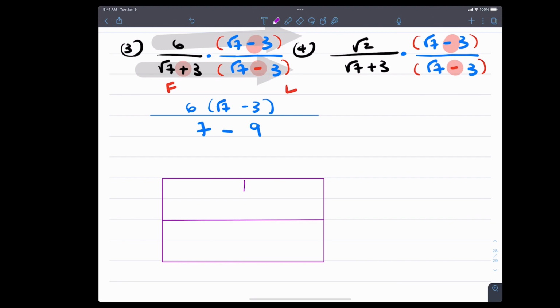Not everybody believes me. Let me show you that it's true, right? Your rows and columns. So square root of 7 times square root of 7, you know, is 7. Positive times a negative, that's negative 3 square root of 7. Positive times a positive, 3 times negative 3 is negative 9.